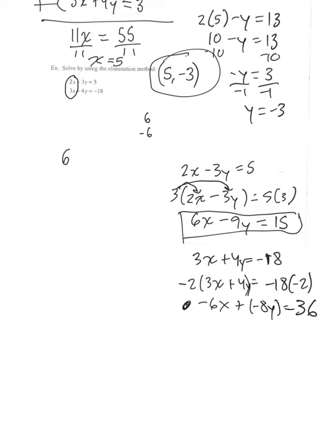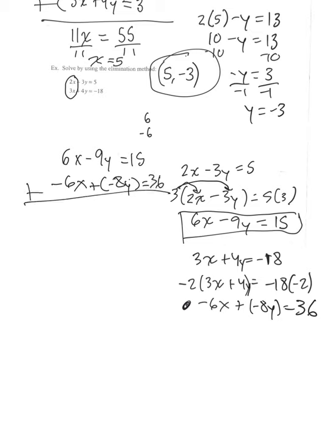So the equivalent to 2x minus 3y was 6x minus 9y equals 15. Underneath that, I'm going to rewrite my equivalent to 3x plus 4y equals negative 18, which is negative 6x plus negative 8y equals 36. And now I can add them up.